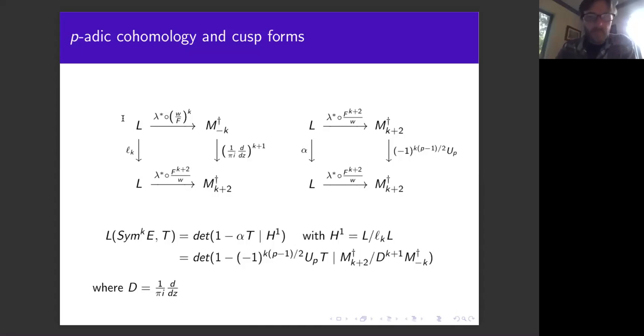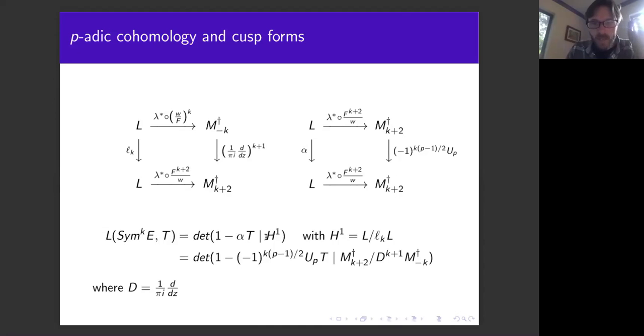Again, it's technical, and I just want to give you an overview of what it is, not what it actually is. So let me skip the diagram for a second and go down to this right here. The L function of the k-symmetric power can be written as 1 minus alpha t of H1. H1 here is the p-adic cohomology, and alpha here is Dwork's Frobenius.